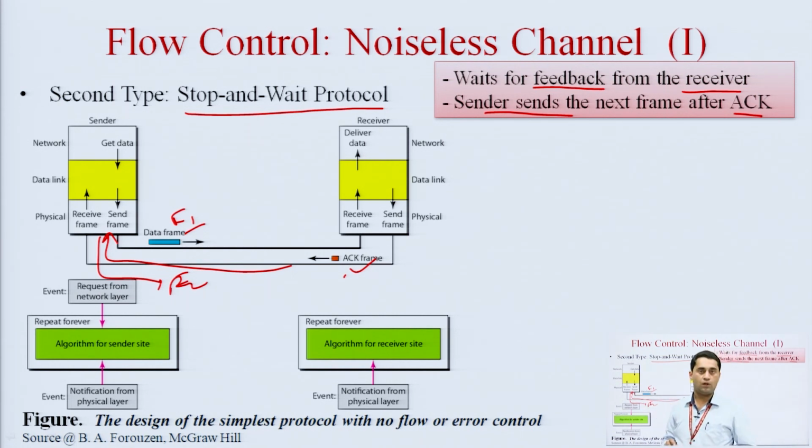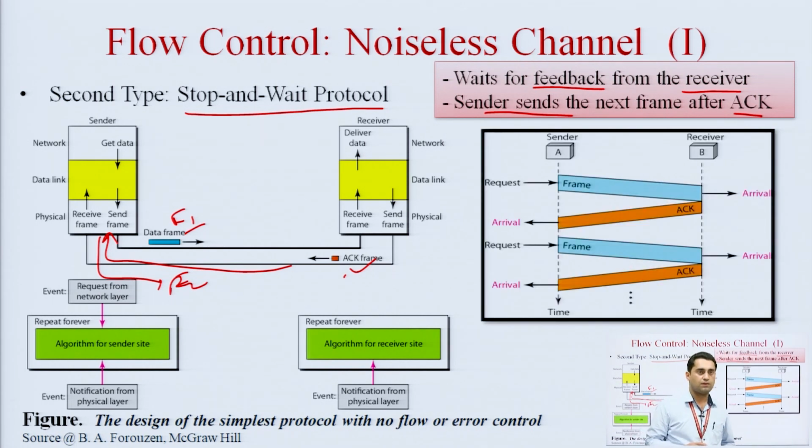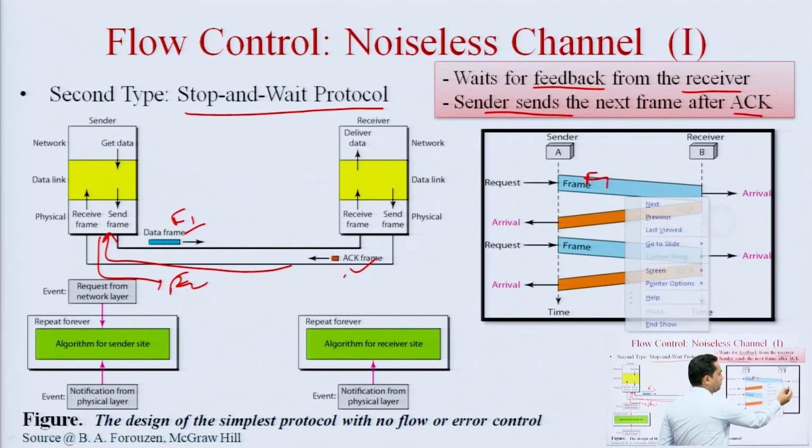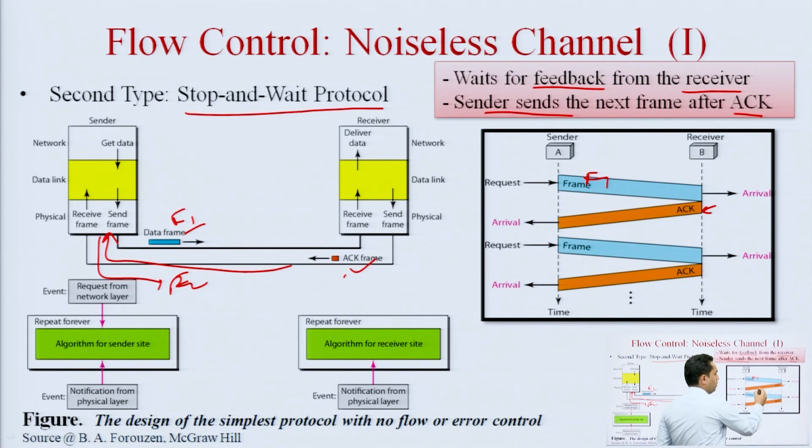The sequence diagram for this is easy to understand: the sender sends frame 1, the receiver receives it, then sends the acknowledgement of frame 1, then frame 2, then acknowledgement of frame 2, like this.